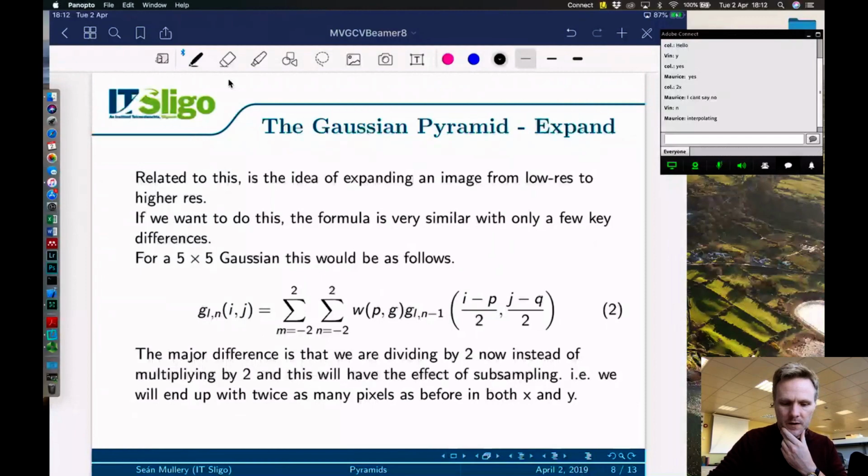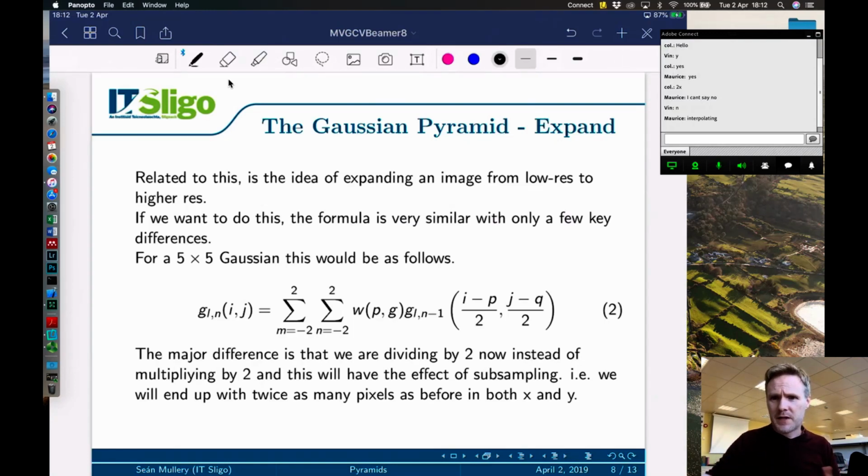Now there is another version of this, which is where we expand the pyramid. So where we start with a level of the pyramid and we try to recreate a bigger version of it, which is the term Morris put up there a few minutes ago, interpolating. This is effectively the same as that, where we're basically making an image double its size. Now firstly, you might think, well, if we make an image double its size, what's the point of doing that?